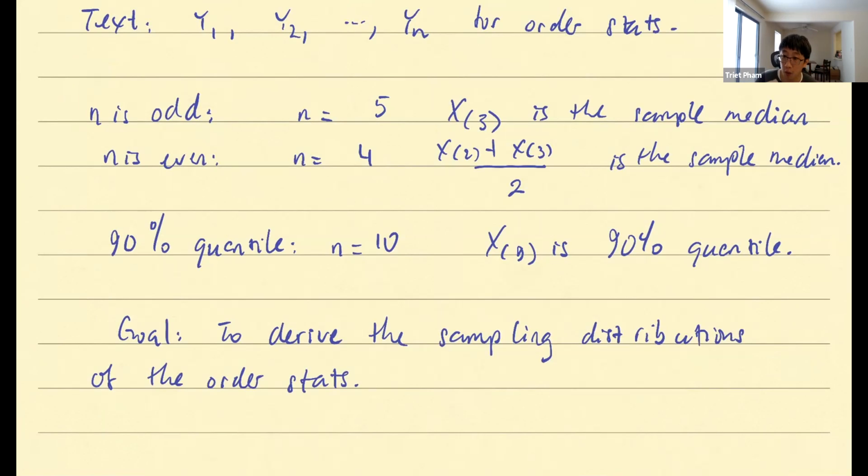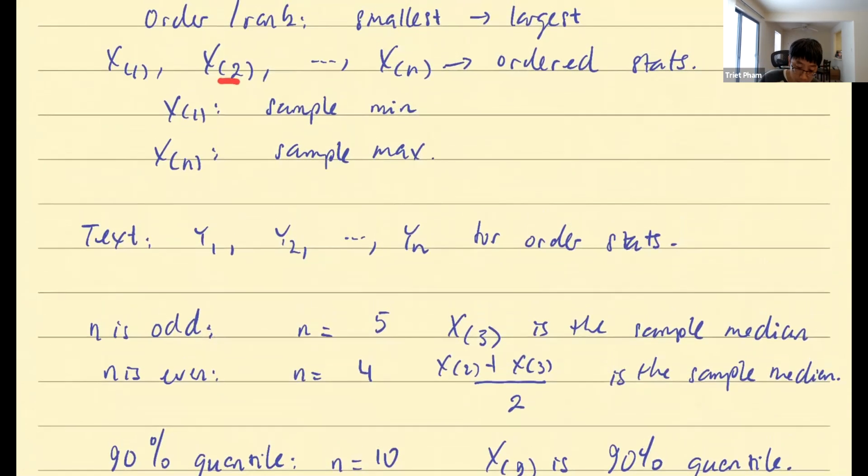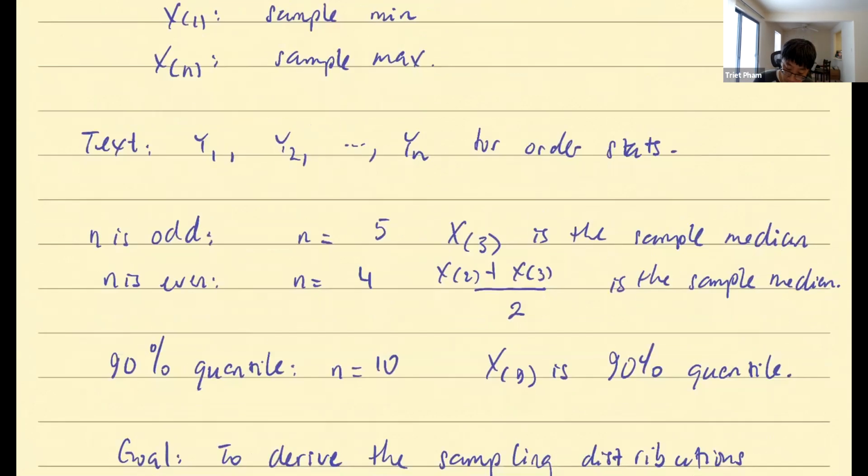In particular, we will only assume a continuous population distribution here. We don't talk discrete, for technical reasons, as I'll explain. When we assume the population distribution has a density, we will derive the density of all the order stats. We will have an abstract result for the density of the order stats. That's the goal of this section.